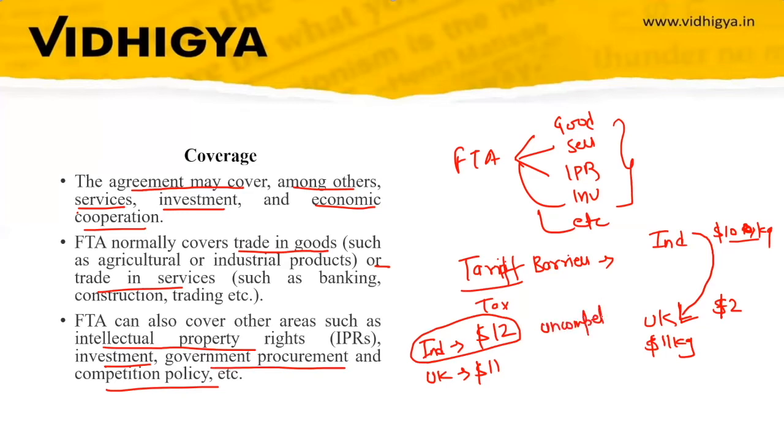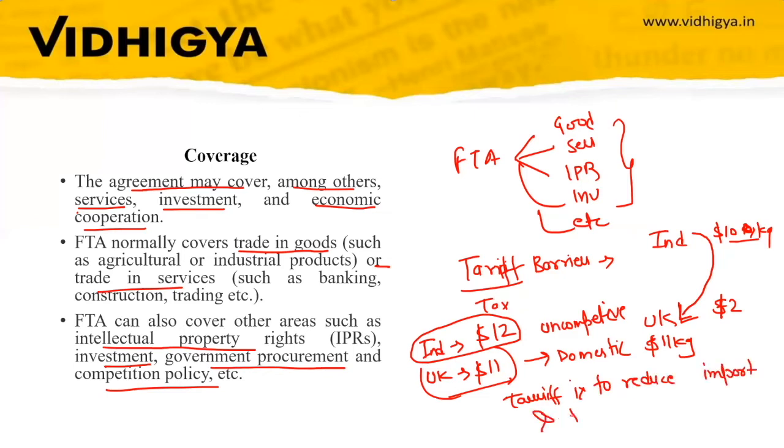It cannot compete with the product of UK, and this way UK can protect its domestic manufacturers. So the aim of a tariff barrier is to reduce import and to protect domestic industries.